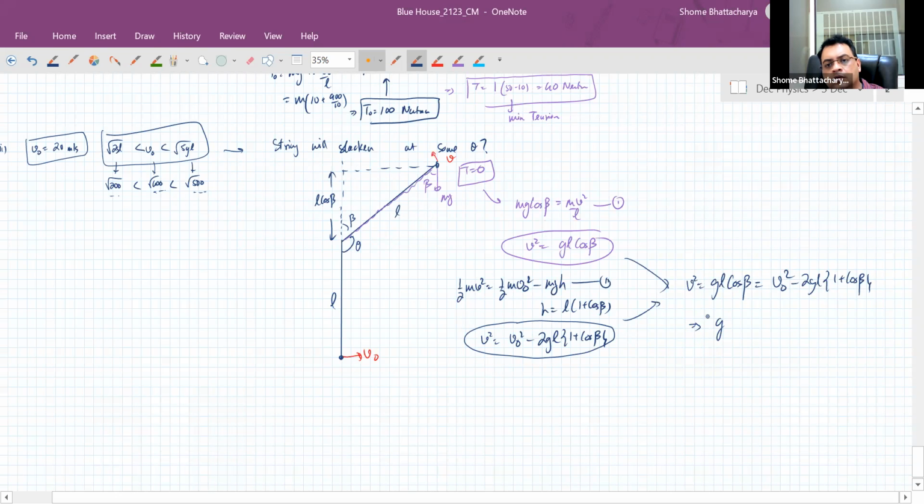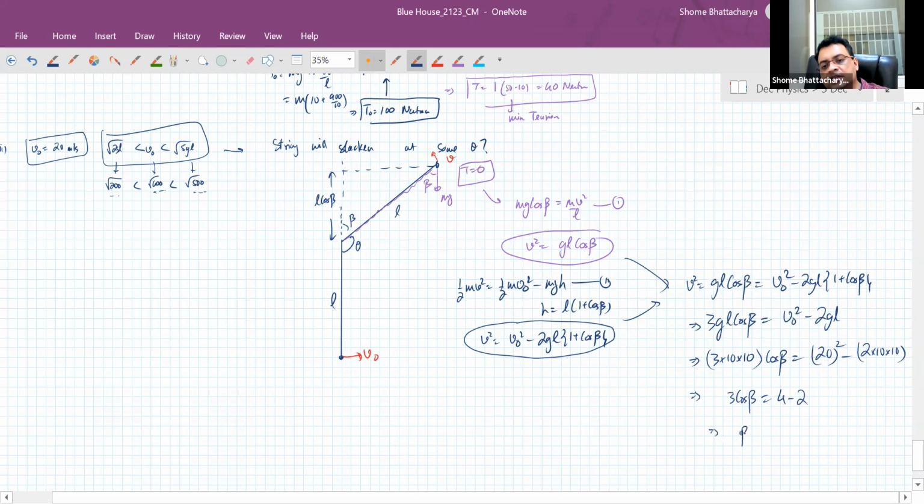So 3gl cos beta will become v naught square minus 2gl. Now we can put the values. So 3 into 10 into 10 cos beta should be equal to 400 minus 2 into 10 into 10. So 300 cos beta, I'll just cancel 100 on both sides, is equal to 4 minus 2.